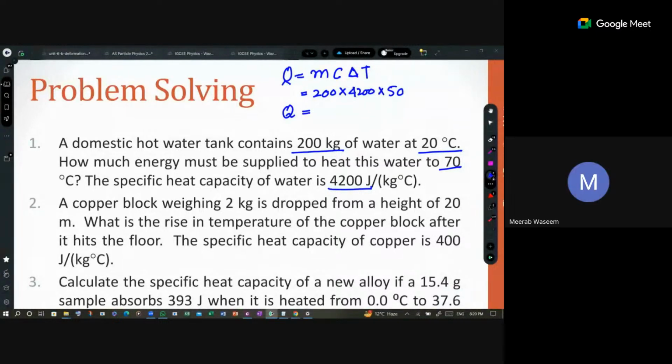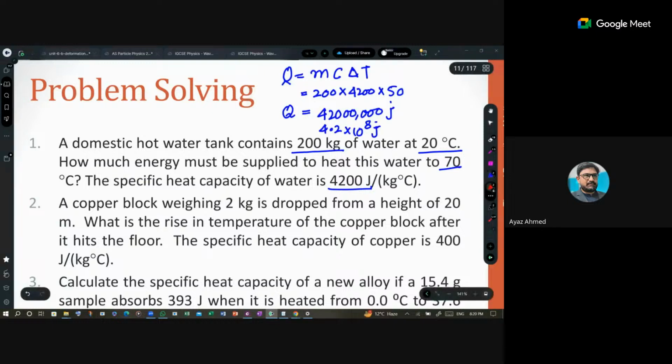So 42,000,000 joules, which is 4.2 into 10 raised to the power 7. This much joule energy is there. Or you can simply say it is 42 megajoules.